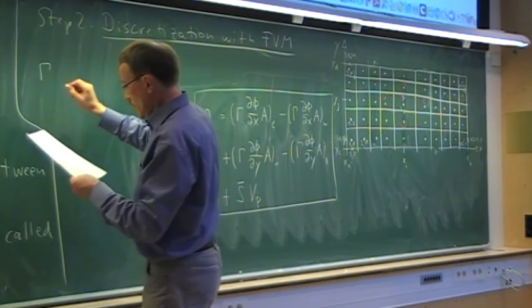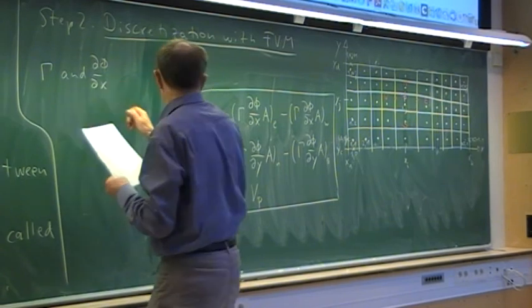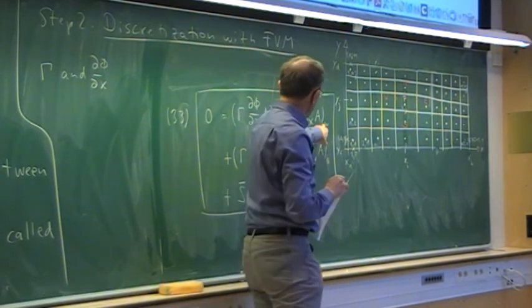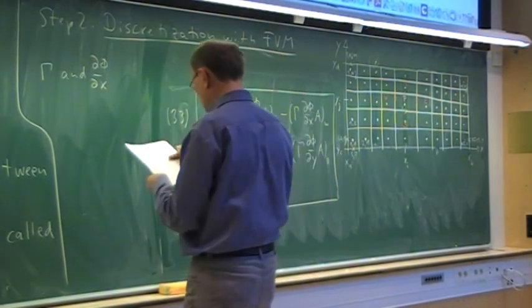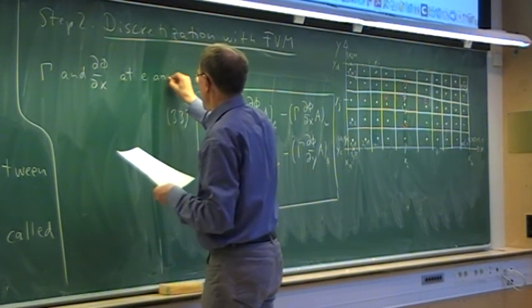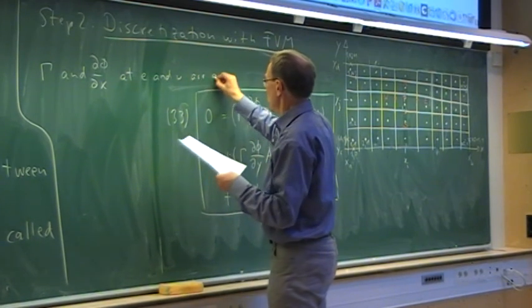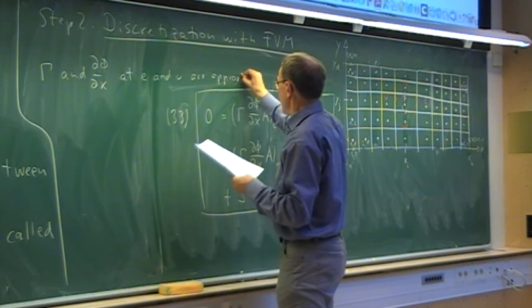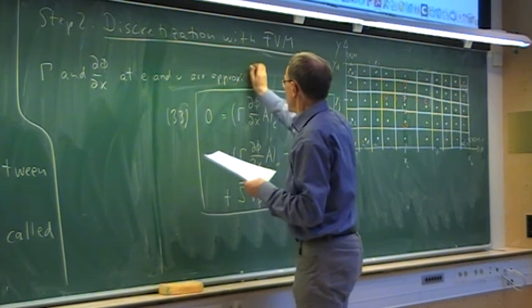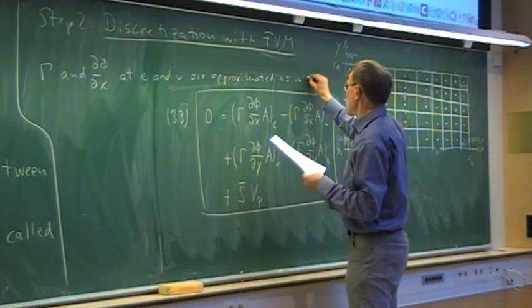So the gamma and the d phi dx for the eastern and the western face, that is at east and west, they are approximated as in 1D. Just the same.